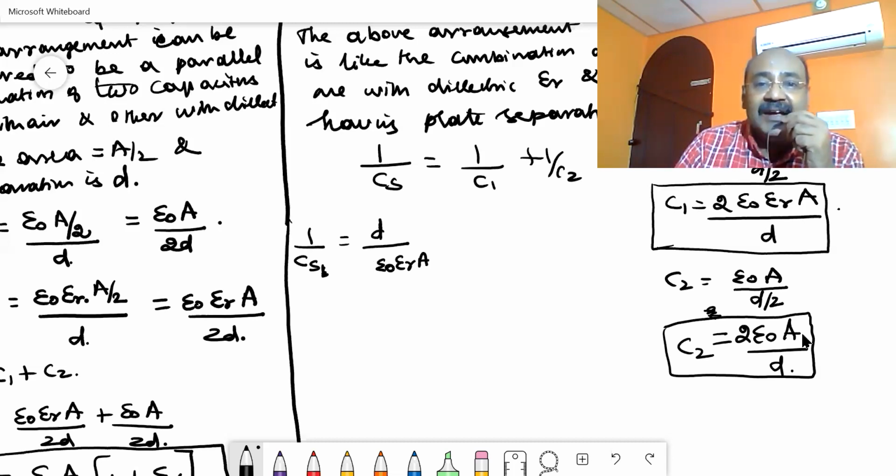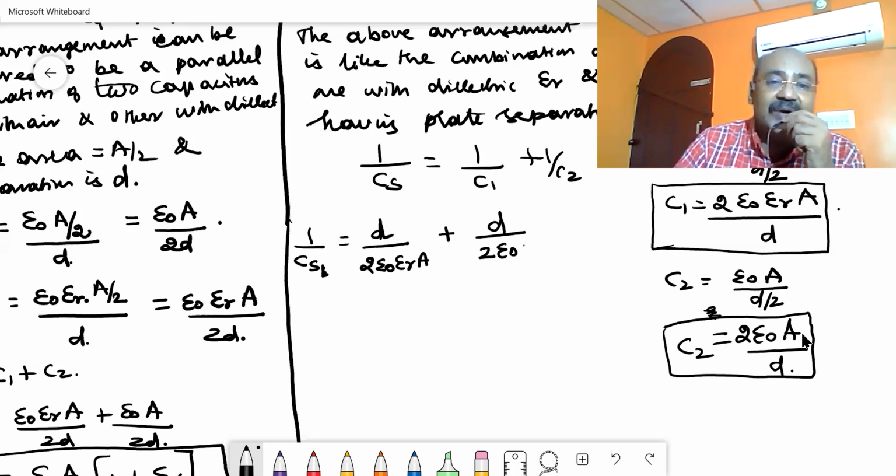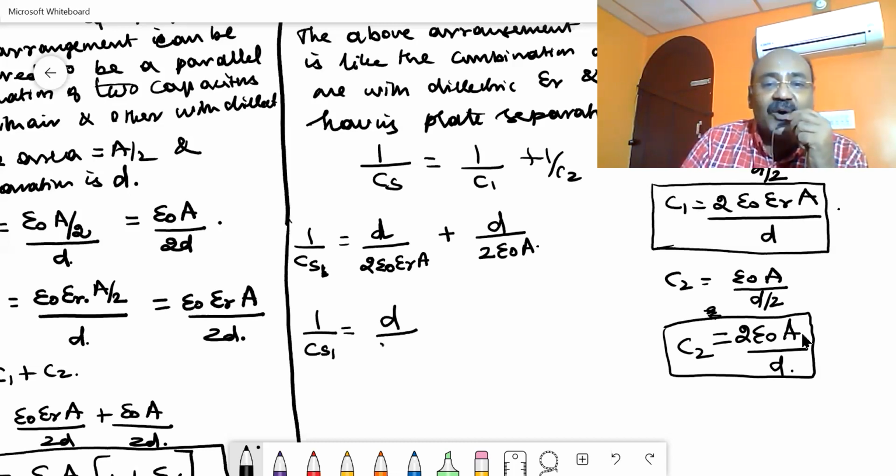Plus here also D divided by 2 epsilon 0 into A. Simplify, I can write 1 divided by Cs is equal to D divided by 2 epsilon 0 A as common, multiplied with 1 divided by epsilon R plus 1.